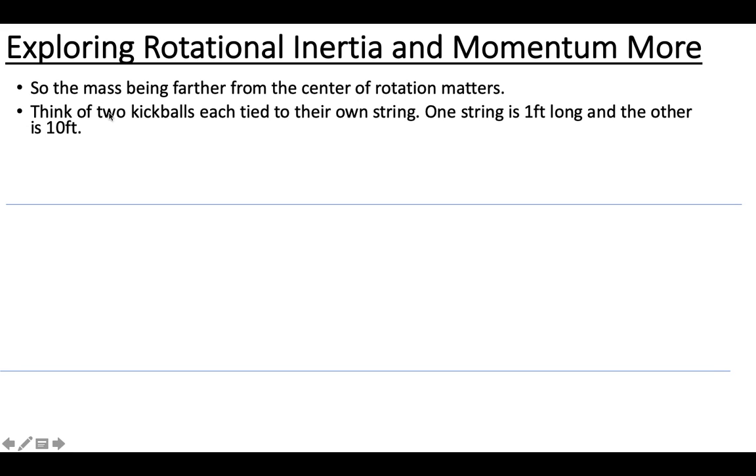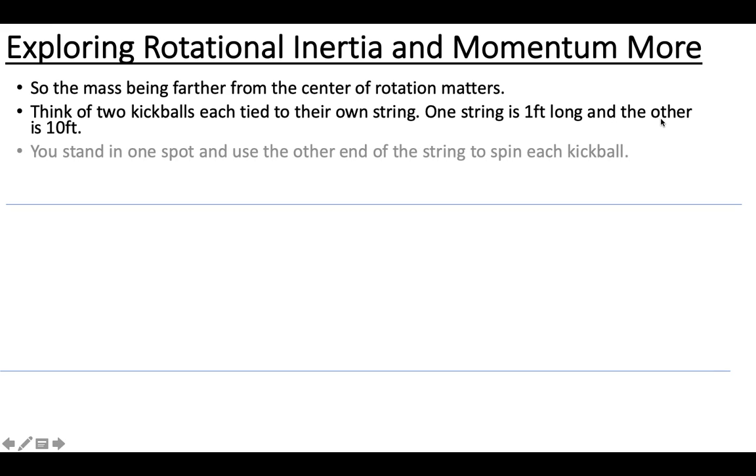And so think of two kickballs. Each kickball is tied to its own string. The string for the first ball is only 1 foot long, and the string for the other one is 10 feet long. So you stand in one spot and use the free end of the string, the end that's not tied to the ball, to spin each kickball.